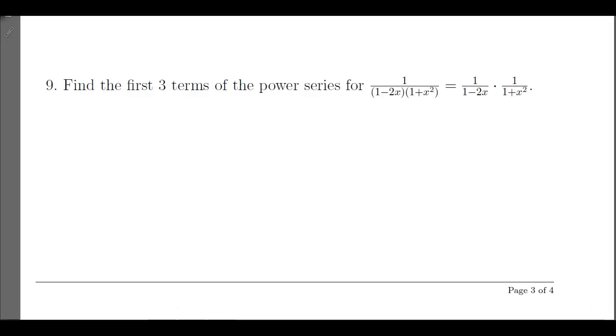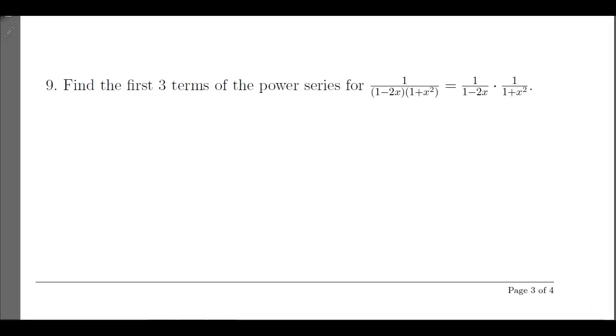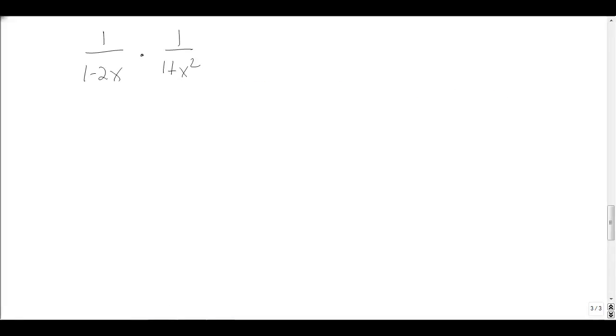And we need a new page. So what we've got is 1 over, what was it, 1 minus 2x times 1 over, I believe it was 1 plus x squared. Yes. Okay, so what I'm going to do now is convert these to series.